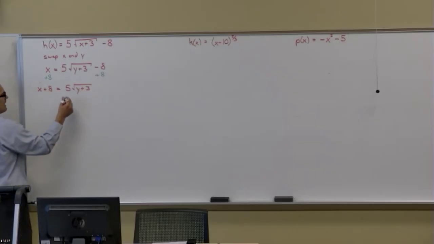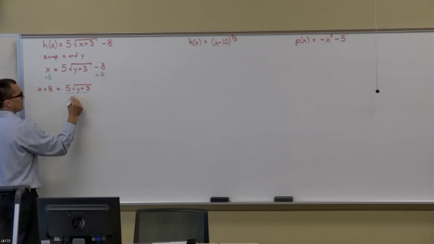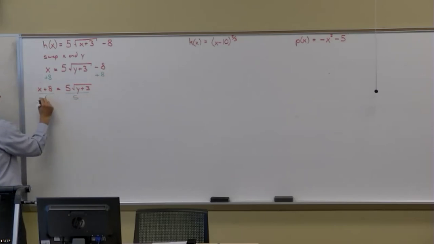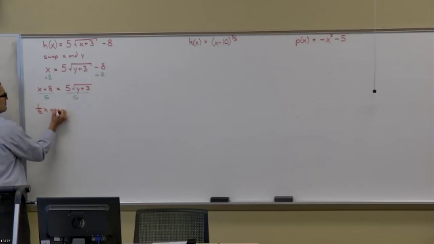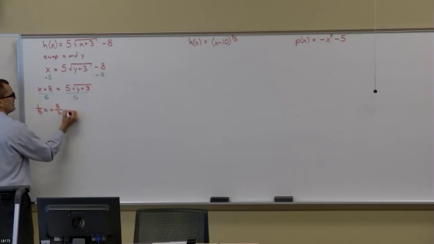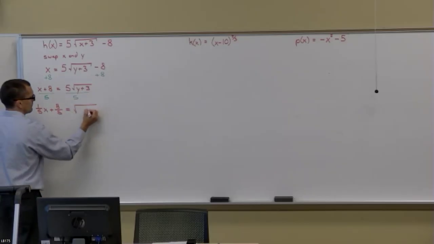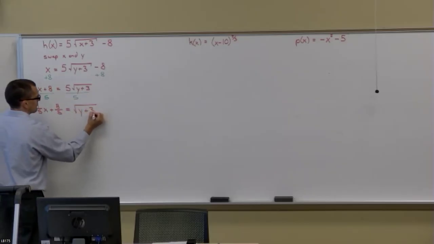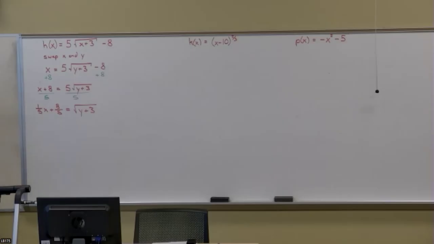Then I would divide both sides by 5. I get 1/5 X plus 8/5 is equal to the square root of Y plus 3. If you want to use decimals, that's fine too: 0.2 and 1.6.